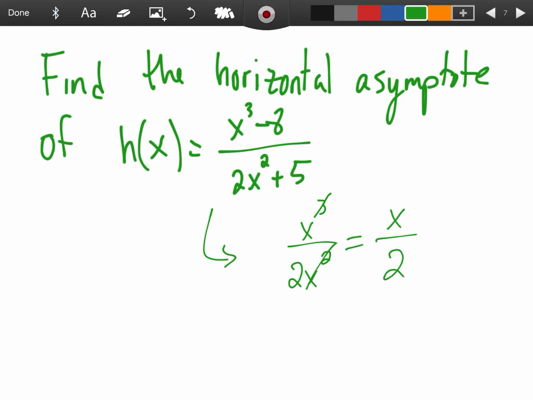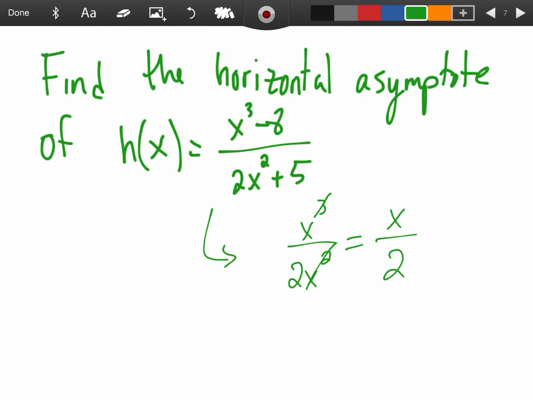Now imagine what's going to happen with x divided by 2 as x gets infinitely large. If x is 1 billion and you divide it by 2, it's still going to be a really large number. It's going to go to 500 million, right? And as x increases, x over 2 will continue to increase.